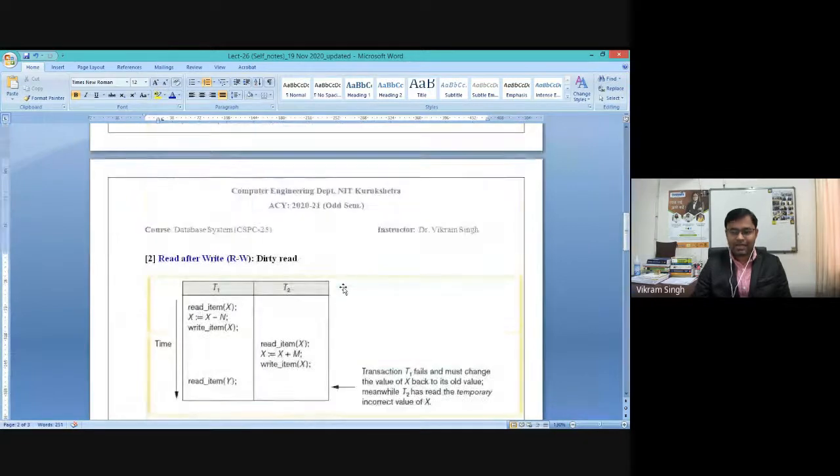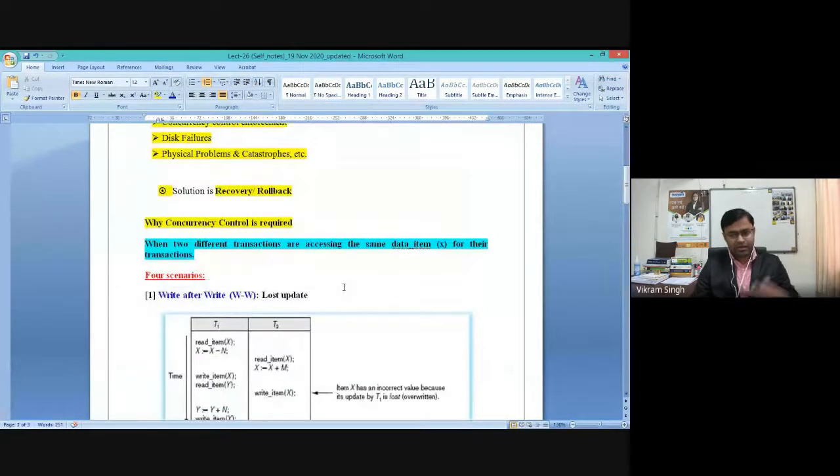Whenever I say, in the upcoming lecture discussion, that there is a conflict between two transactions on the data item X, it means at least one transaction is performing a write operation, right?